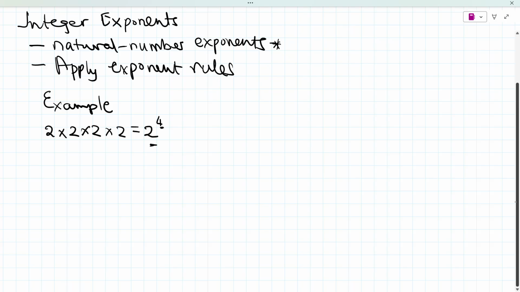So in general, if we had a number, a base x, multiplied by itself n times, this means x is multiplied by itself n times.